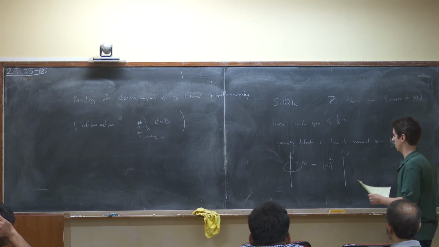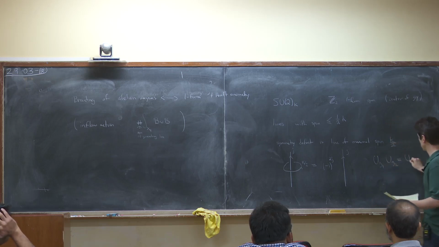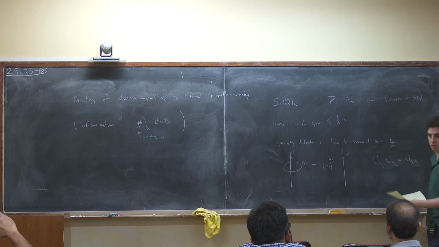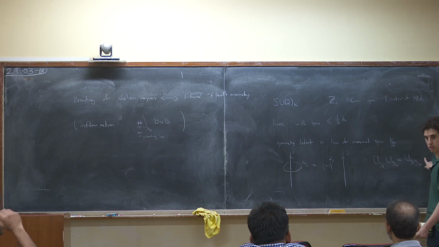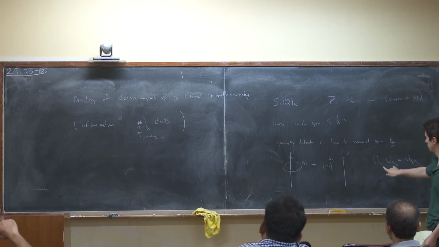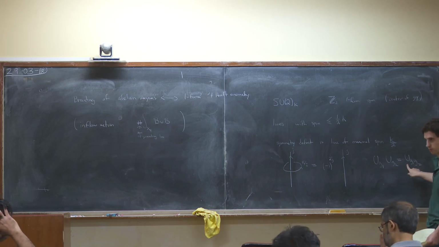No. I'm saying that U_g1 times U_g2 is U_(g1 g2). If you fuse general lines, in general you'll get a sum of things over here. The one-form ones are characterized by this property.